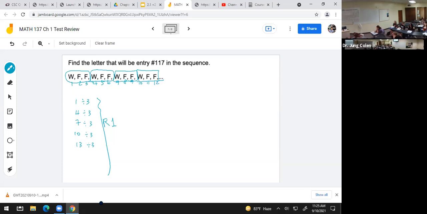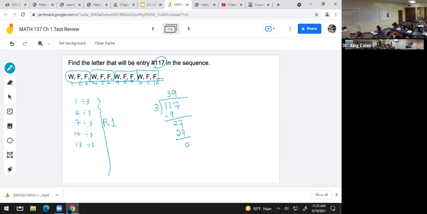If you are taking the second letter and third letter, you don't even have to do that because the rest of the numbers will be F, right? We just concern about that W. So let's see what remainder we can have when we divide 117 by 3. 3 times 9 is 27, and we have 27.